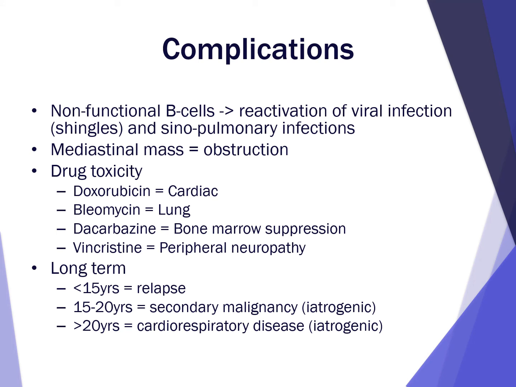Finally, when we consider the long-term outcomes of these patients, the biggest risk in the first 15 years is relapse of disease. Beyond this, the risk is related to the iatrogenic harm of the chemotherapy and radiotherapy, namely secondary malignancies in the 15 to 20 year period and cardiorespiratory disease in the 20+ year period.